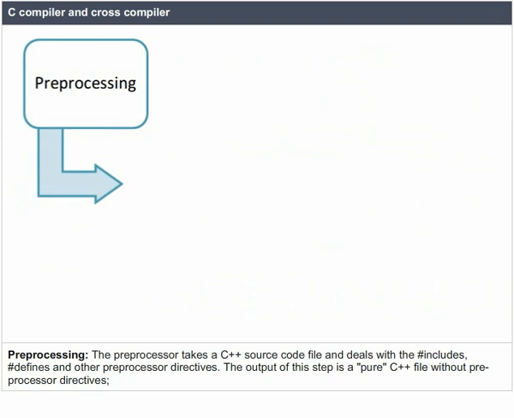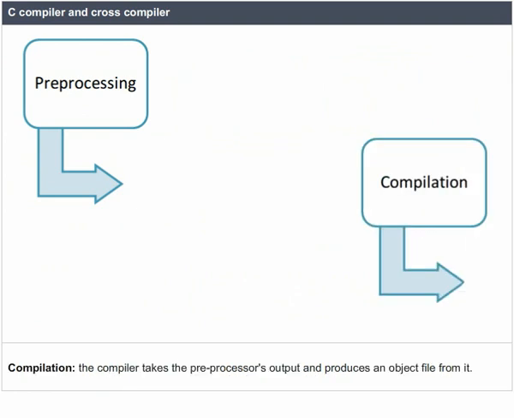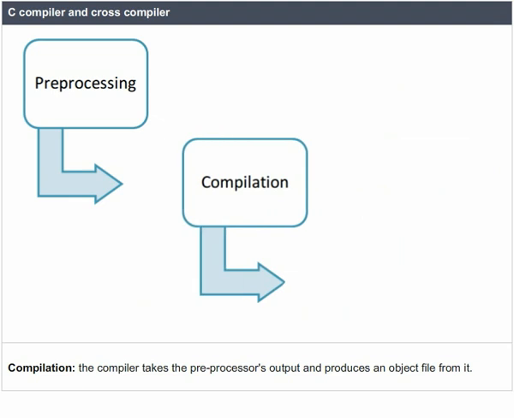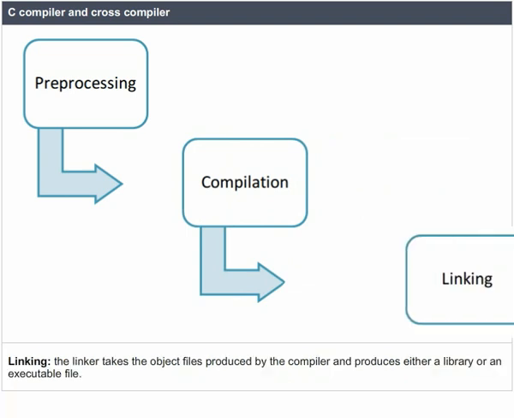Number 1, preprocessing. The preprocessor takes a C++ source code file and deals with the #includes, #defines, and other preprocessor directives. The output of this step is a pure C++ file without preprocessor directives. Number 2, compilation. The compiler takes the preprocessor's output and produces an object file from it. Number 3, linking.